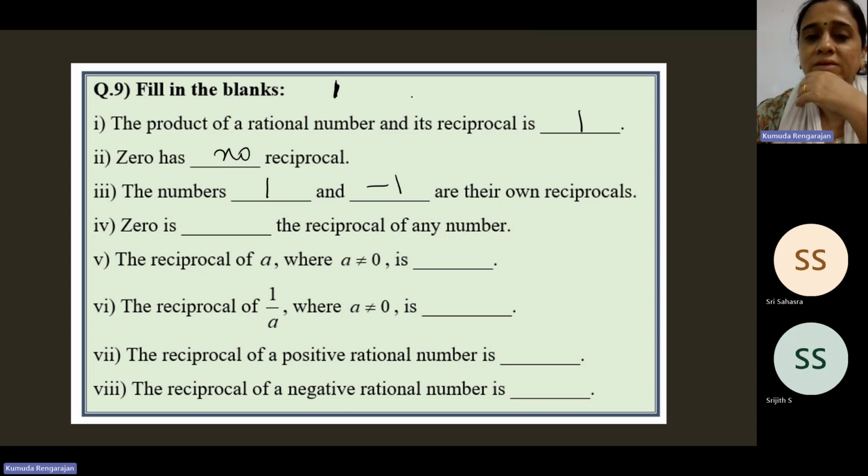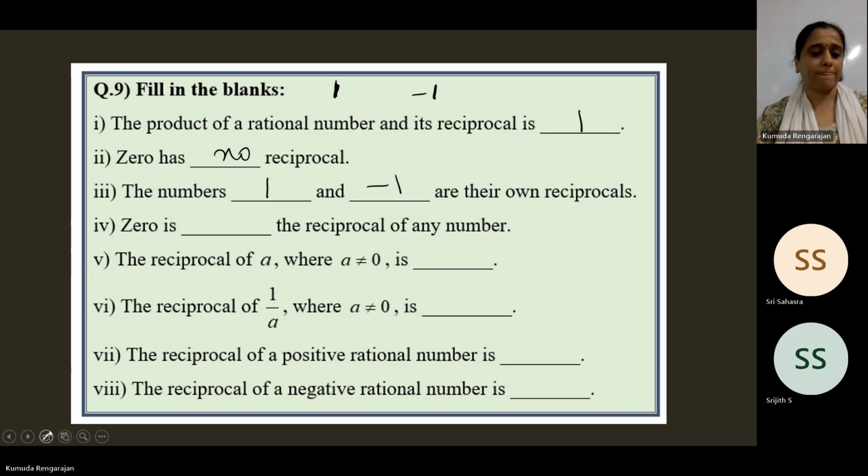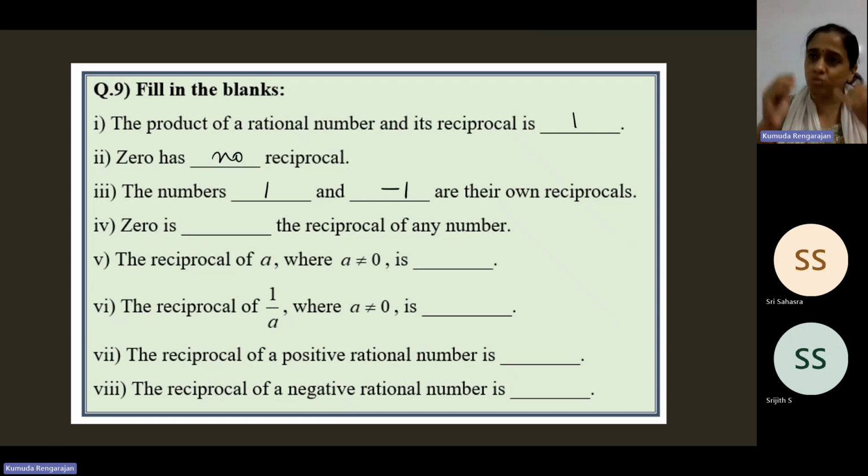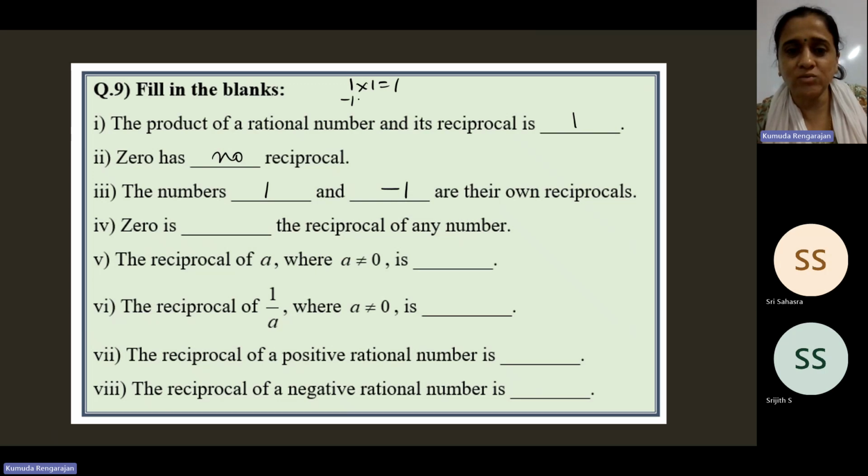And for -1, don't disturb the sign, only the number. So the numbers 1 and -1 are their own reciprocals, meaning the reciprocal of 1 is 1 and the reciprocal of -1 is -1. Because 1 into 1 is 1, and -1 into -1 is 1.